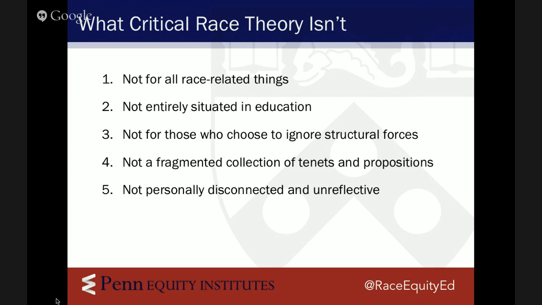That might be one way of looking at it, but definitely centering their voices, hearing from them, and being thoughtful about how they understand and make meaning of racism within their work environment.